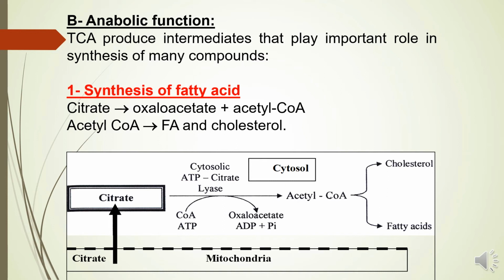The first of the anabolic functions of the tricarboxylic acid cycle is the synthesis of fatty acids from acetyl coenzyme A subunits. Citrate, as the first product of the citric acid cycle, is produced by condensation of acetyl coenzyme A and oxaloacetate with the help of the citrate synthase enzyme.